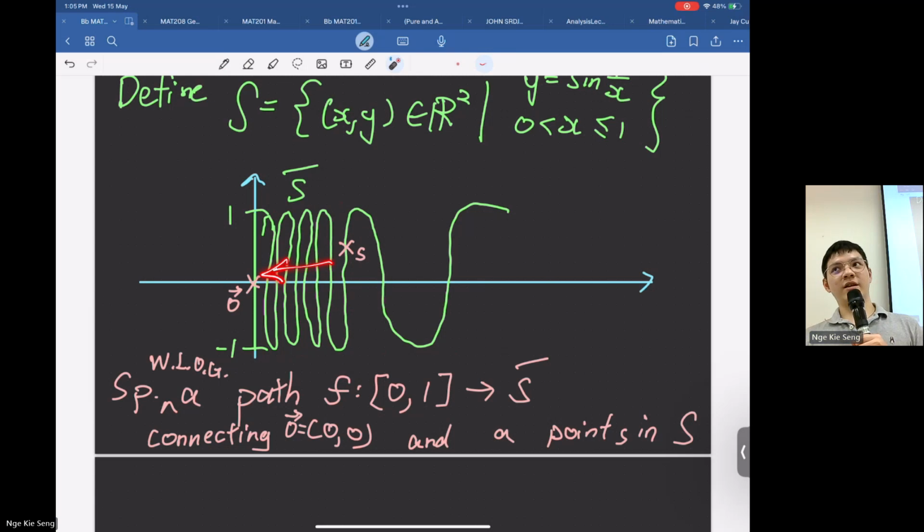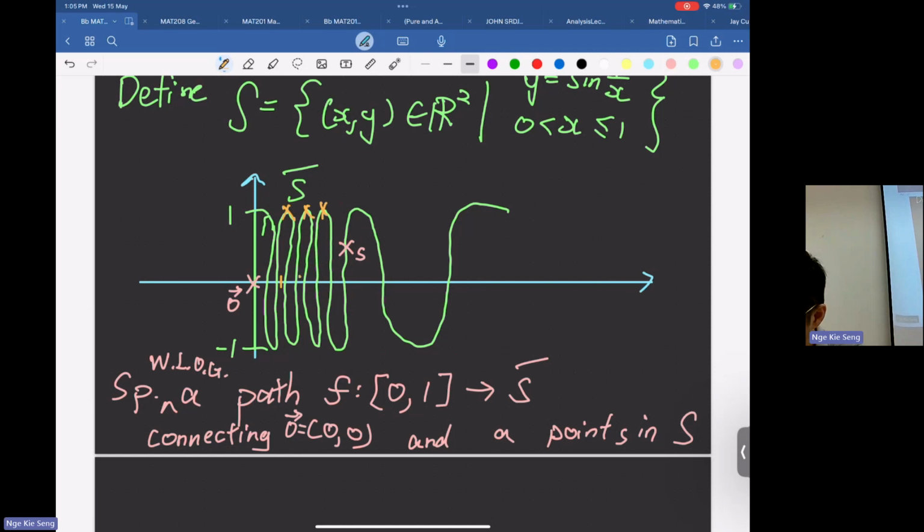But you can take a sequence of s_n that converges to 0 from the top, and also a sequence that converges to 0 from the bottom. What do I mean by from the top and from the bottom? Let me take out this subsequence here.